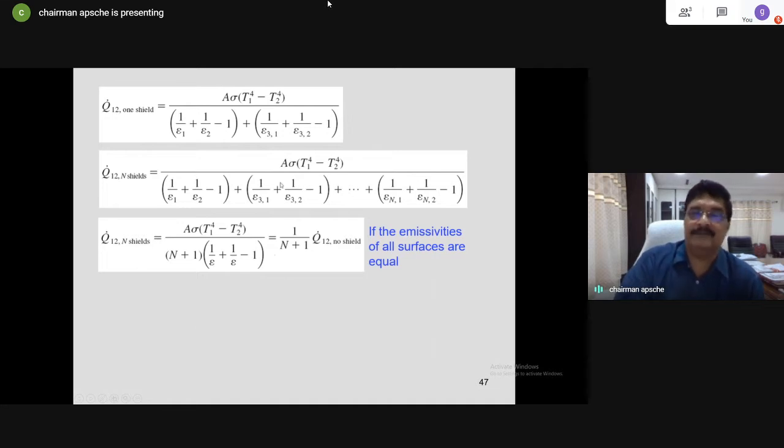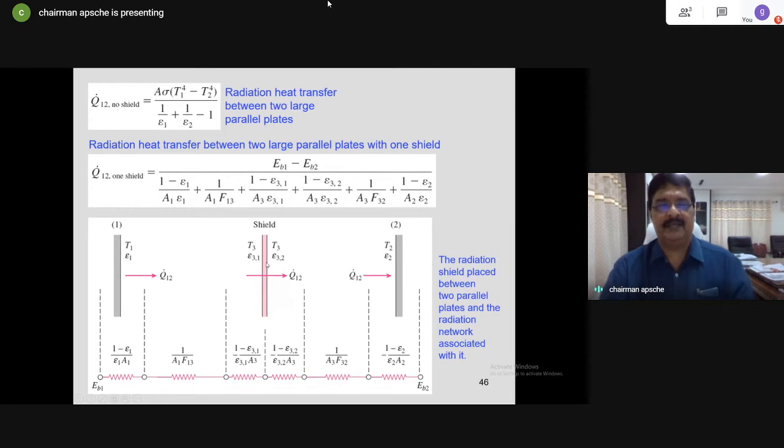And you can apply any number of shields. So many resistances get added. If n number of shields are introduced, see, this is one shield introduced. If you use two shields, three shields, that's what I call n.